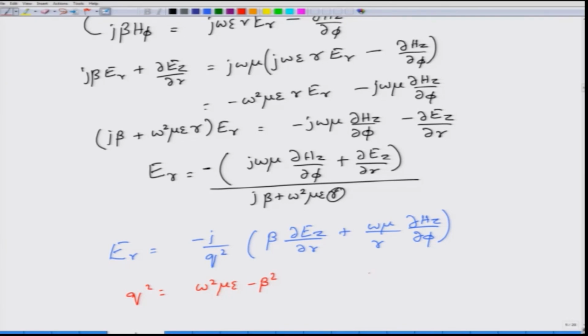Okay. And we know that omega square mu epsilon defines the propagation constant k square. So, this can be written as k square minus beta square.